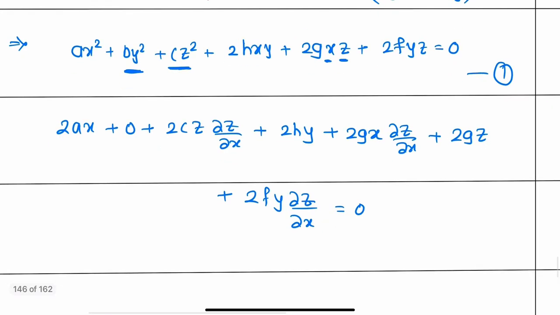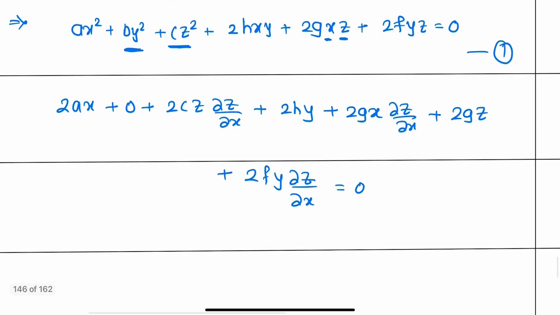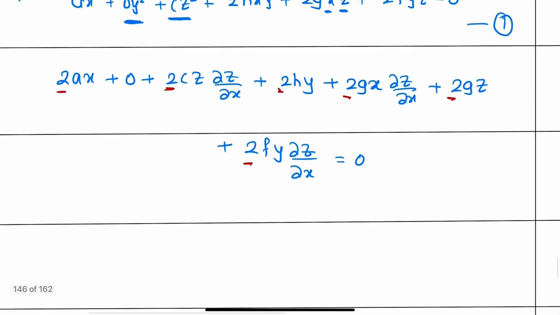Now wherever we have dou z by dou x, we replace it with p for simplicity. And we see this 2 everywhere, so let us take it common and eliminate it.